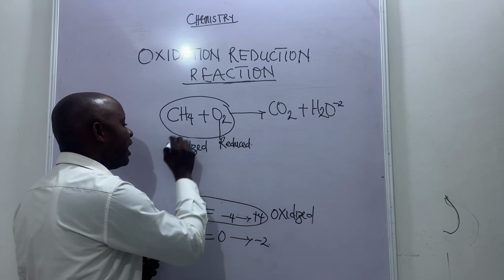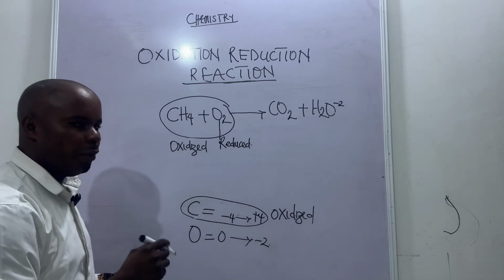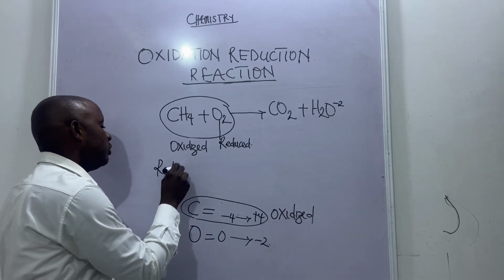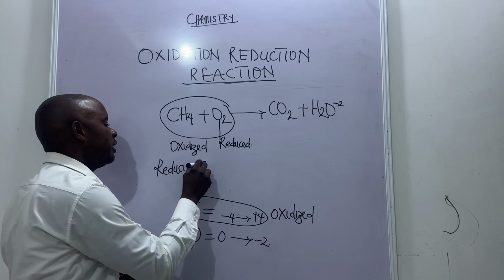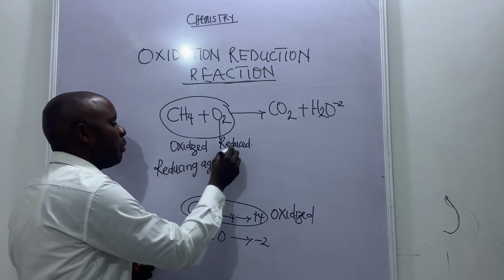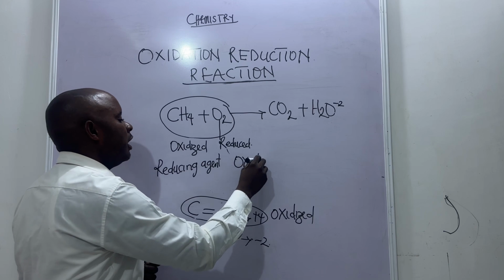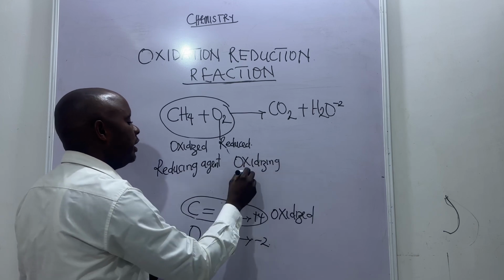So an oxidized part of a chemical species in a redox reaction is known as the reducing agent, while the reduced part of it is known as the oxidizing agent.